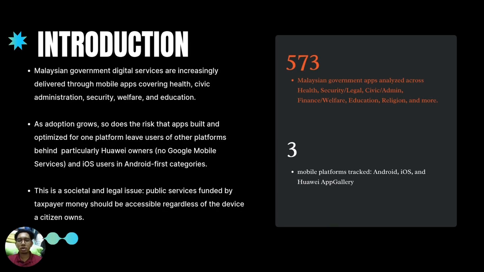These are Huawei device owners who don't have access to Google Mobile Services, and as well as iOS users in categories where development has historically favored Android. This isn't just a technical inconvenience, it's a societal and legal issue, because public services funded by taxpayer money should be accessible no matter what device a citizen owns.